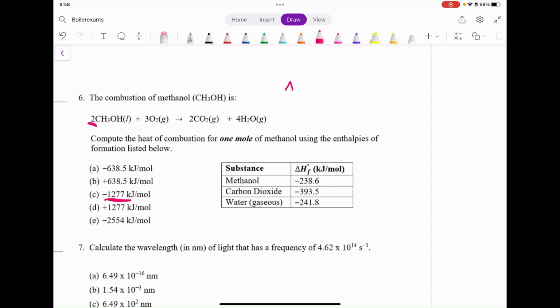So we know that delta H of reaction is equal to the delta H formation of the products minus delta H formation of the reactants. And if we just start writing this out, delta H reaction is going to look like, let's start with carbon dioxide.